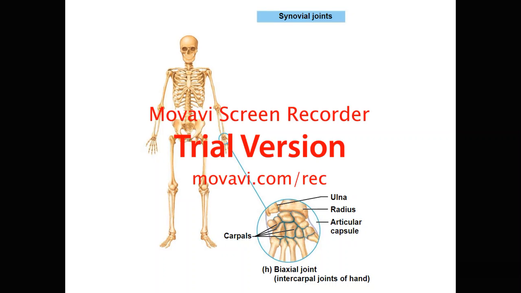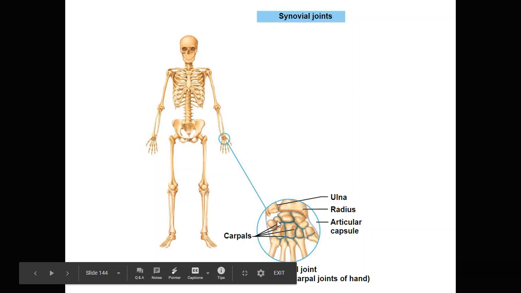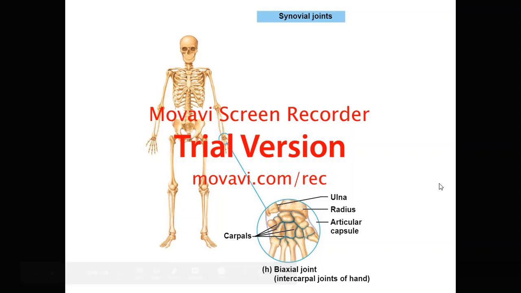Again, you see the radius and ulna, and you can see your carpals, and the blue that's highlighted in between your carpals. Those are your intercarpal joints. Those are synovial joints, and they are biaxial, meaning there's movement in two planes.